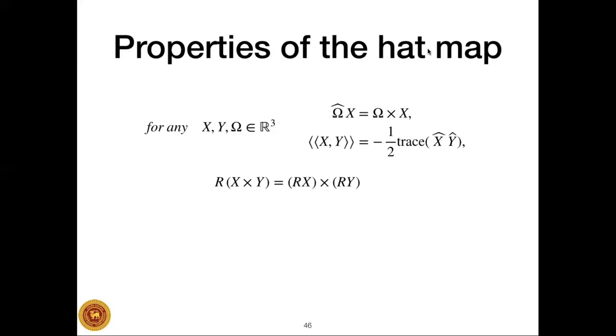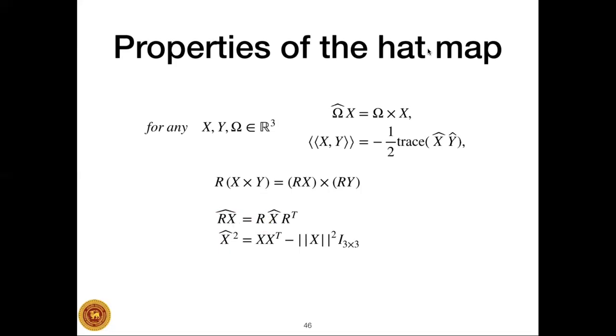So this corresponds to a rigid rotation, and this is a property of R that preserves angles and length. We will look at this a little more closely in the following slides. Another interesting property of this hat map is that you take R and X, multiply them together to get a 3 by 1 matrix, and the hat version of that is equal to R times X hat times R transpose.